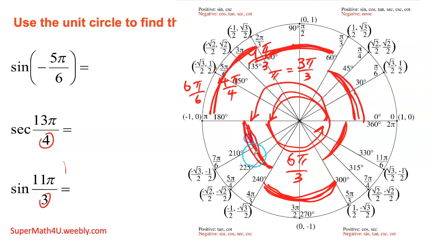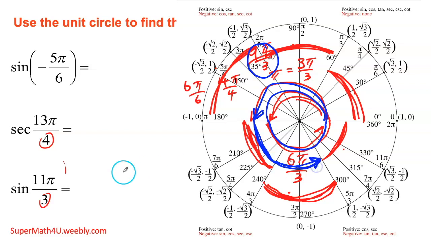The bottom, 60, 120, 180. So 3, 6, 9. I'm here at 9 pi over 3. 10, and another one, 11. So I'm up here, 11 pi over 3. These are my coordinates. Sine is the y value. My answer is negative square root of 3 over 2. So if we understand how to rotate in our unit circle and our divisions of pi over 3, pi over 6, and pi over 4, we can find any trigonometric ratio.